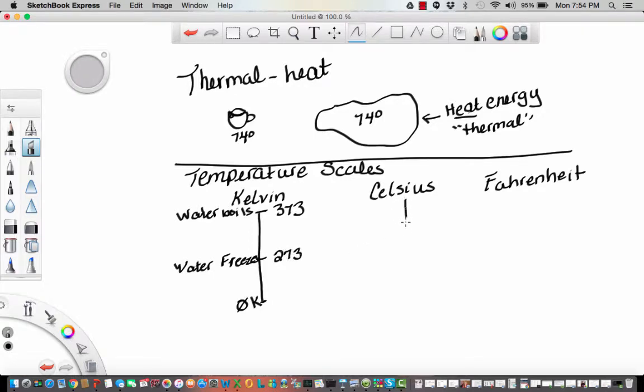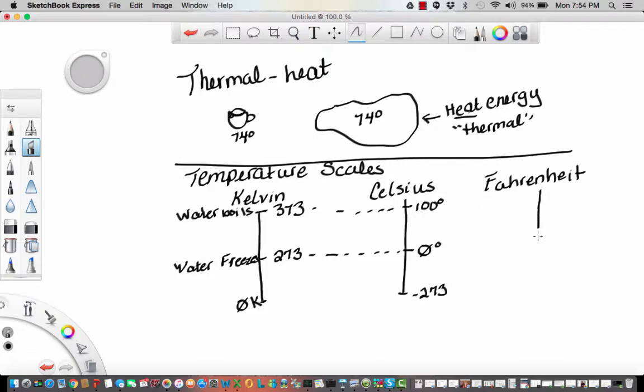Now let's look at the Celsius scale. 0 Kelvin on the Celsius scale is negative 273. On the Celsius scale, water freezes at 0 degrees and boils at 100 degrees. So in comparison, the Kelvin has the 373 and the 0 K on it, and the Celsius scale has the 100 and the 0 where water freezes. See, this kind of carries over to here.